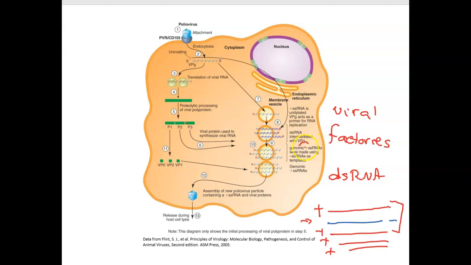So you get a whole string of U's, and that works as the starting point for the polymerase. So we make lots of copies of our genome. We make lots of copies of our structural proteins, VP1, 2, 3, 4. They're going to self-assemble, just like in the little shaking jar. All of those subunits self-assemble, and then the viruses escape.